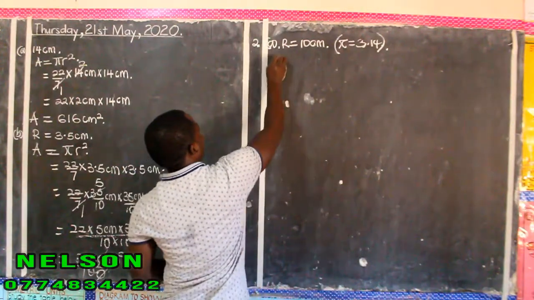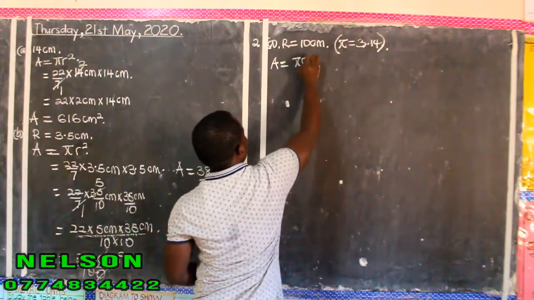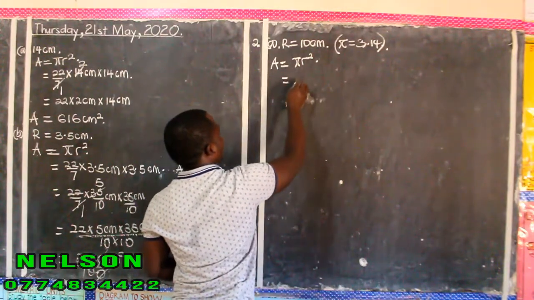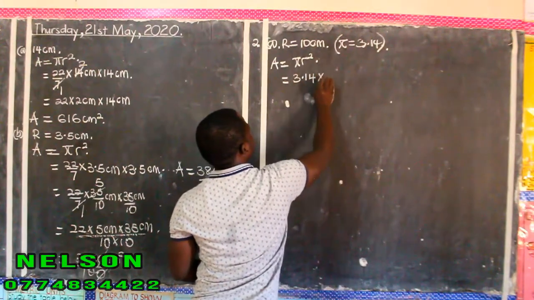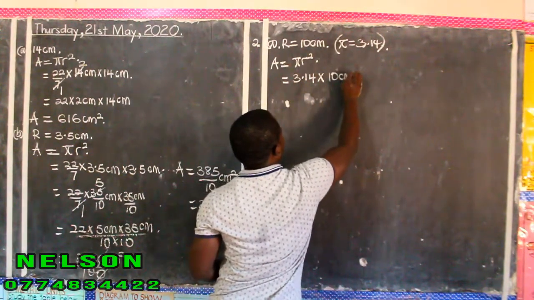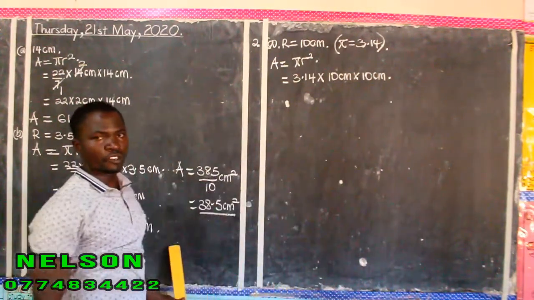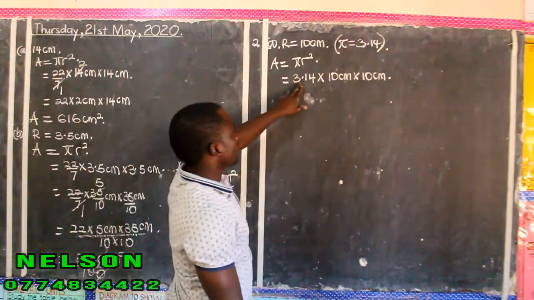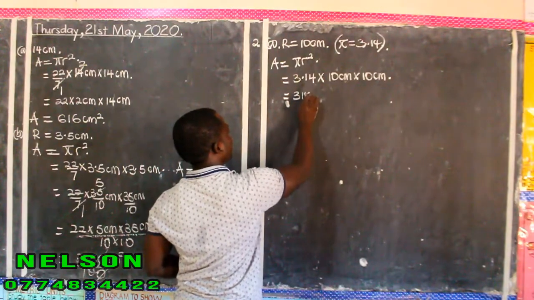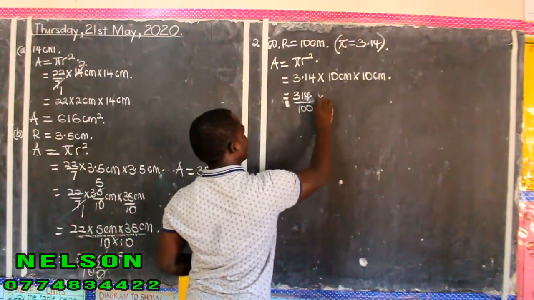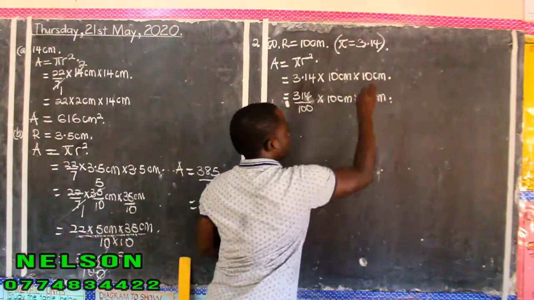So we shall just come down and say area equals pi r squared. Area equals, the pi given to us is 3.14 times 10 centimeters times 10 centimeters. Okay? Very simple work. Change this into a vulgar fraction. We shall have 314 over 100 times 10 centimeters times 10 centimeters.